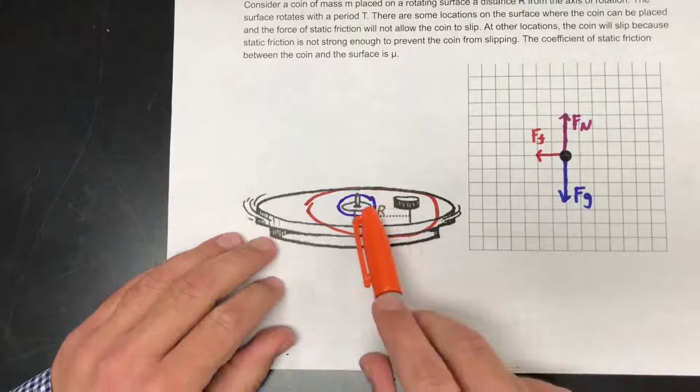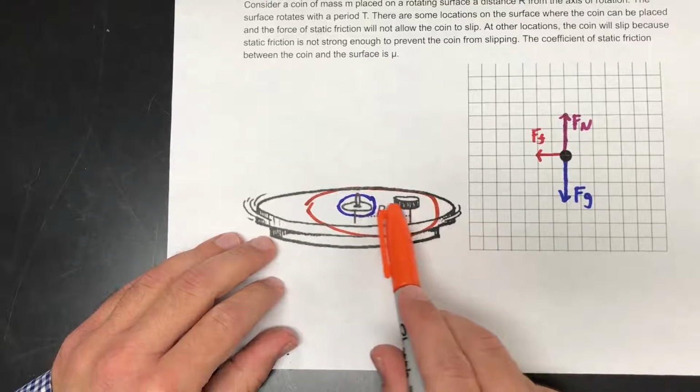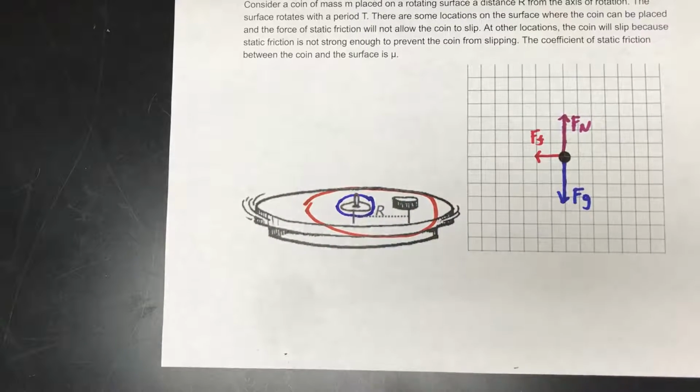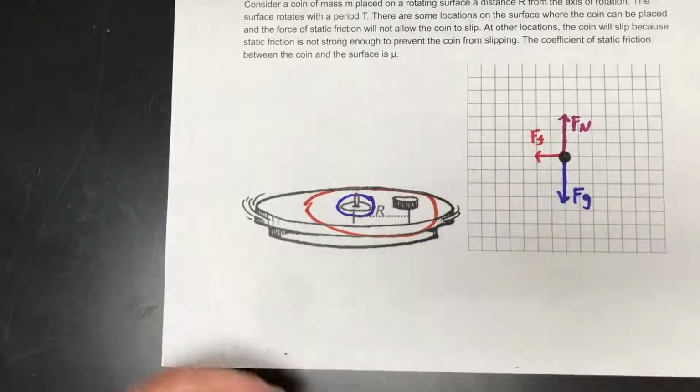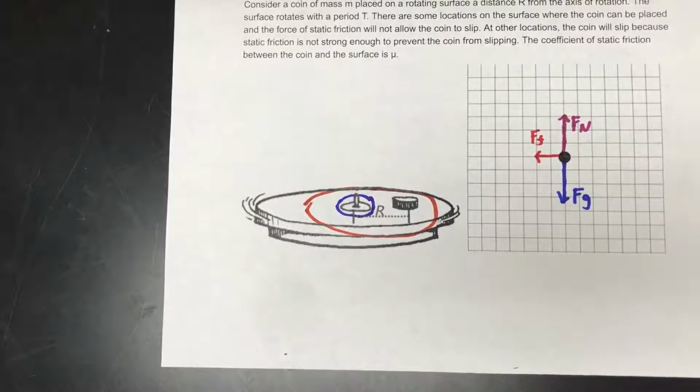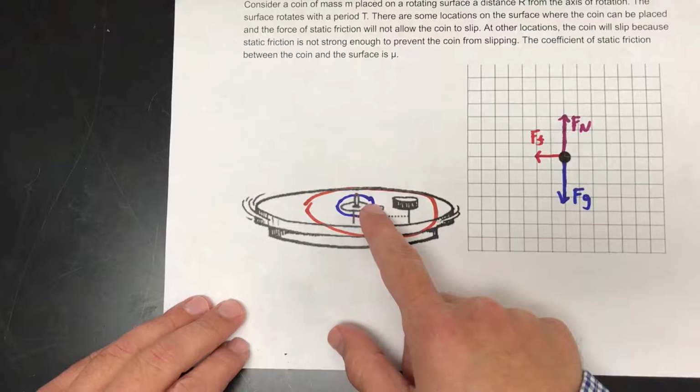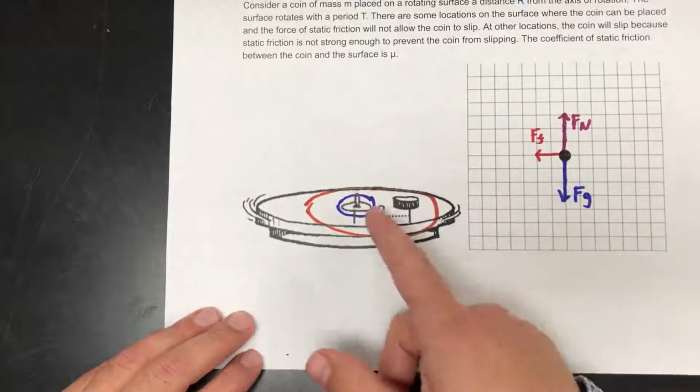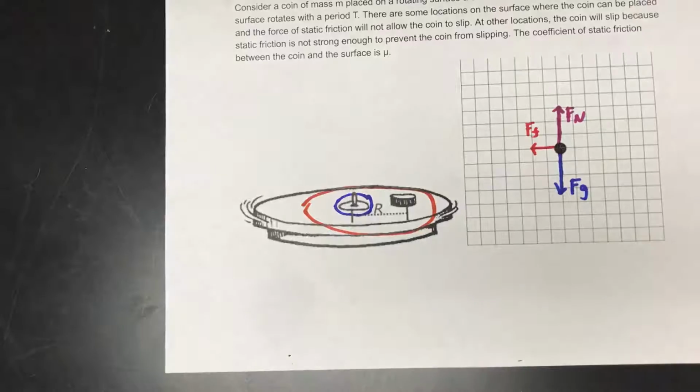So the point is this: as you move the coin in and out along the radius here, its speed changes because it will always go around 48 times or 45 times per minute, for example. They all take the same amount of time to go around once, but this guy will go a smaller distance in that time. So it's going not as fast.